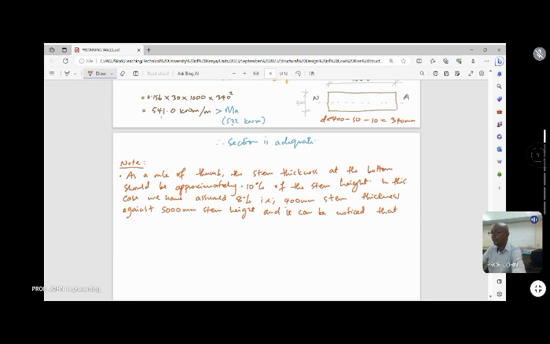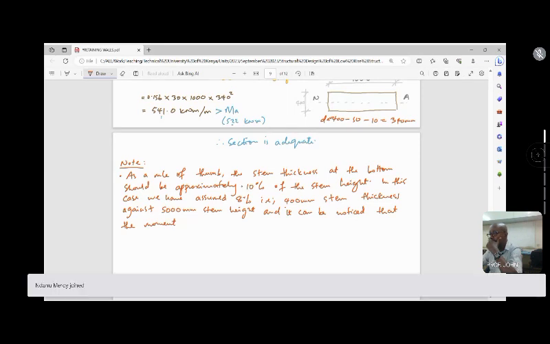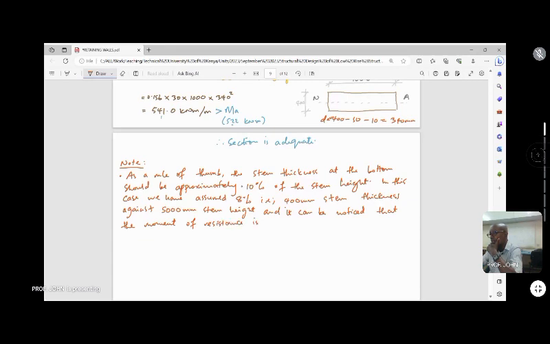It can be noticed that the value of the moment of resistance is just a bit higher than the applied moment.